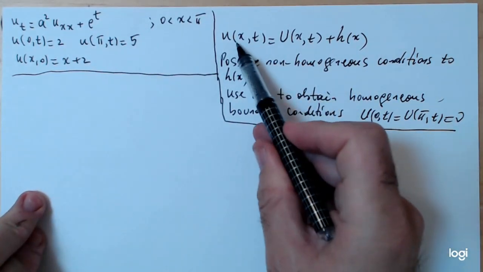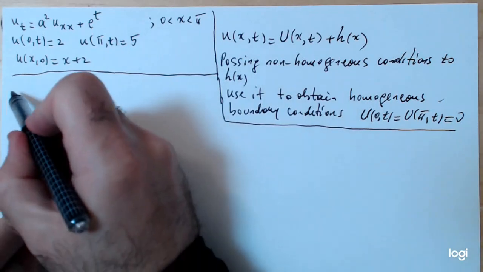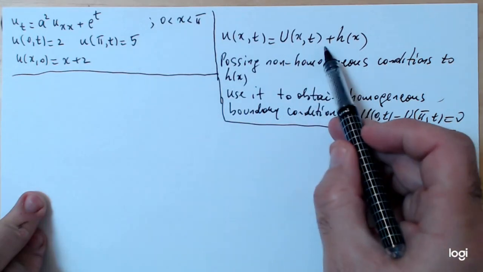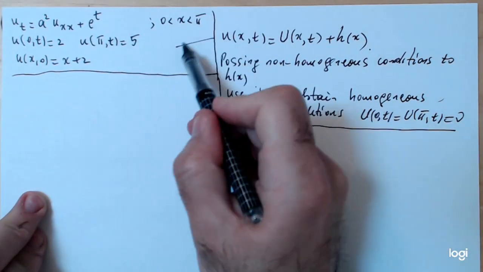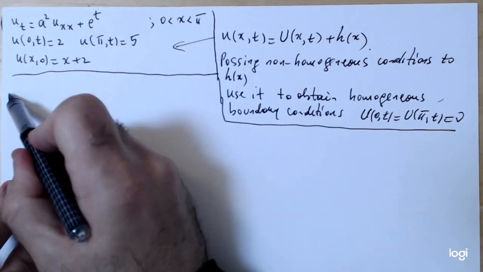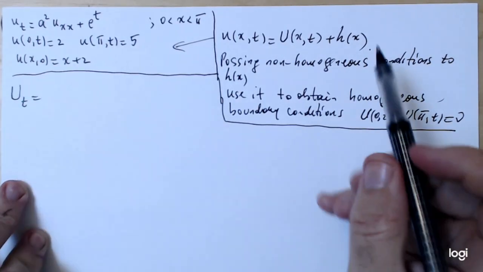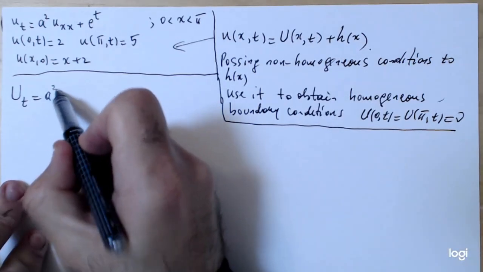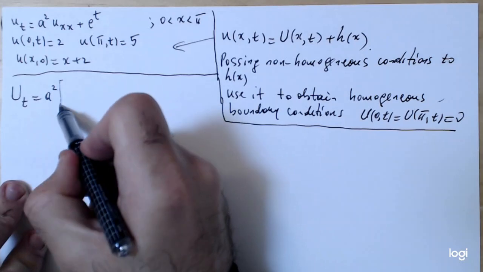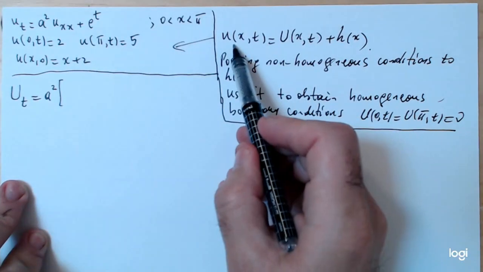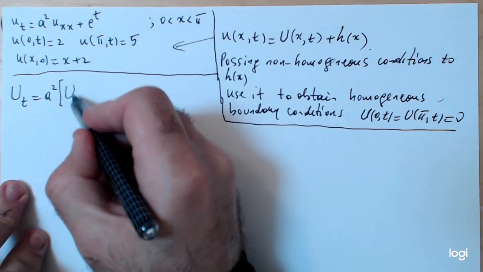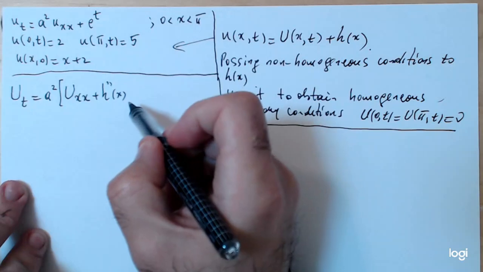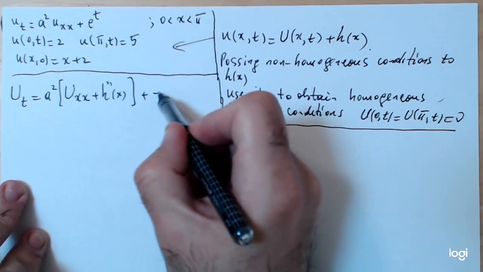So when we substitute little u of x,t with big U of x,t plus h of x into the PDE, we're going to get big U t on the left, since partial t gets rid of h of x, and a squared partial little u partial x twice becomes big U partial x twice plus h double prime of x, plus e to the t.